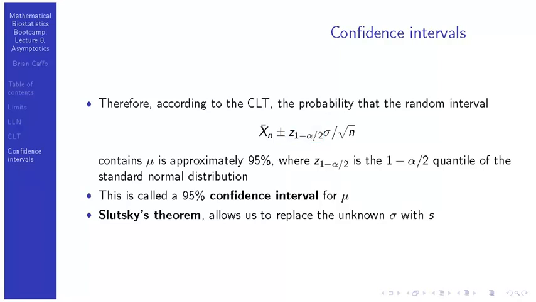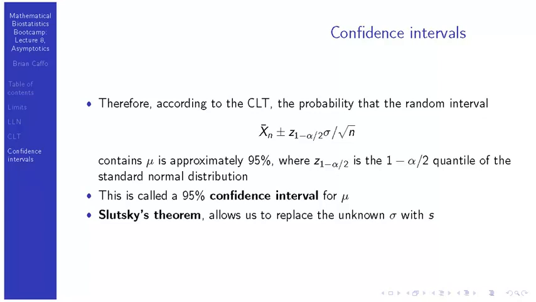Imagine if you wanted a 90% interval, right? Then we would have z, the quantile for 1 minus alpha over 2, where alpha is 0.1, divided by 2. So 0.1 divided by 2 is 0.05. So we need the 95th percentile to plug in there if we wanted a 90% interval.